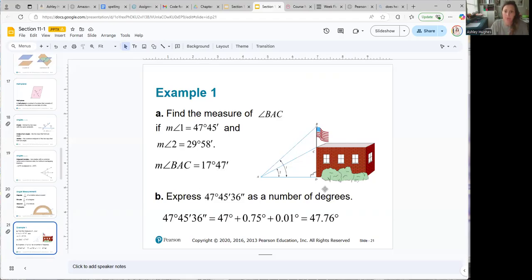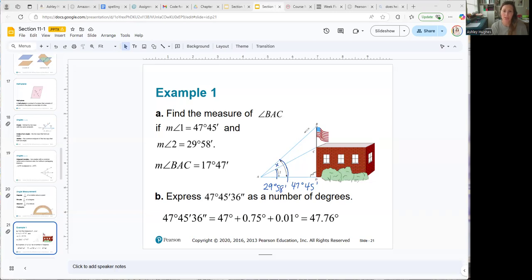Find BAC. Okay. So it told me this big angle here, this whole part, is 47 degrees, 45 minutes. And then it told me this part right here is 29 degrees, 58 minutes. So how would I figure out this missing piece?